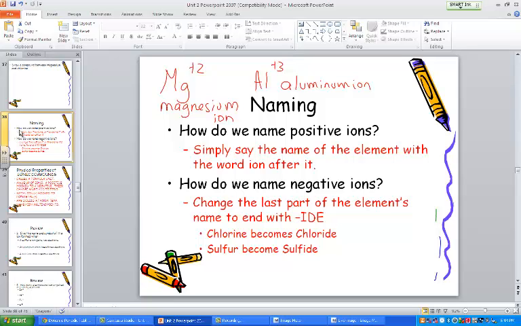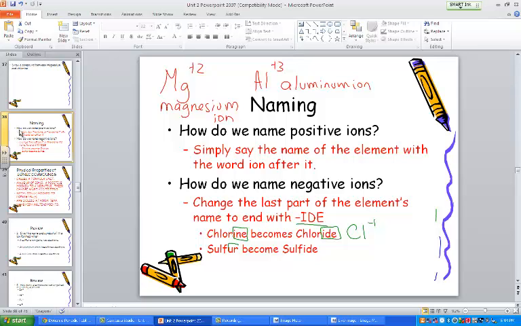What about the negatives? The negative says, let's take the name of the element as written, kind of lop off the last syllable, and change it to IDE. Chlorine becomes chloride. Its symbol is Cl with a -1 charge, gain of 1 electron.